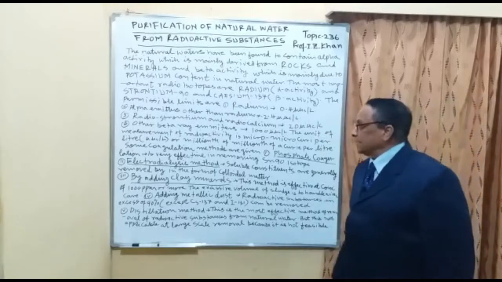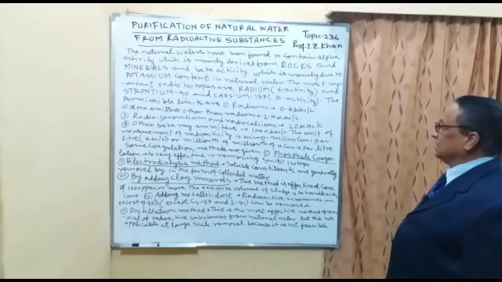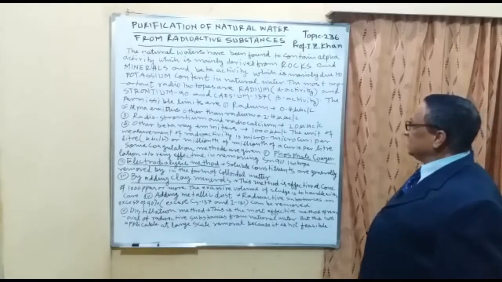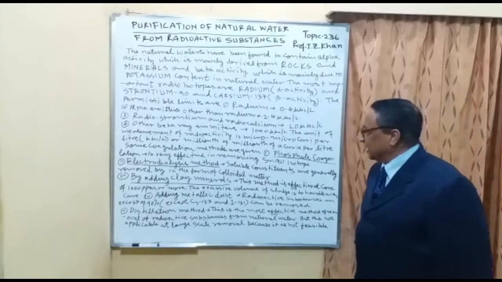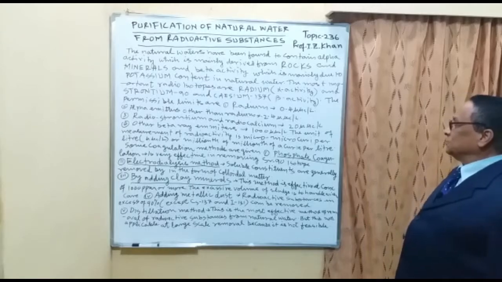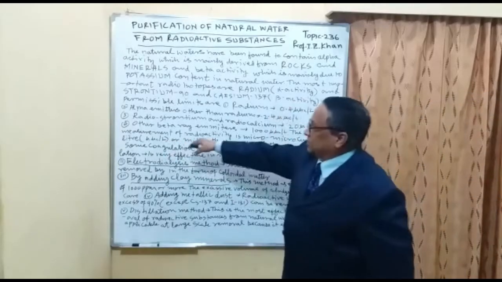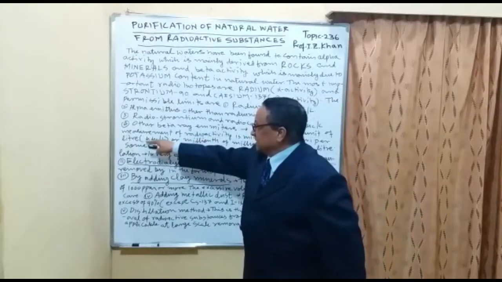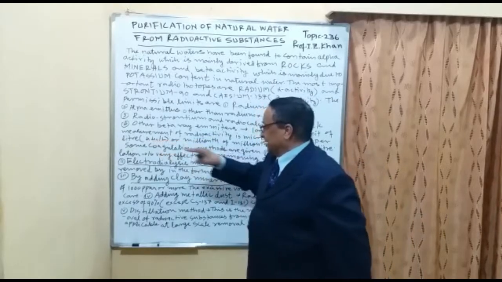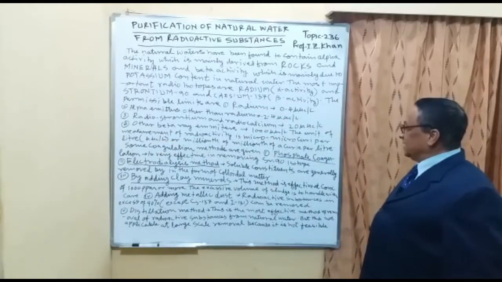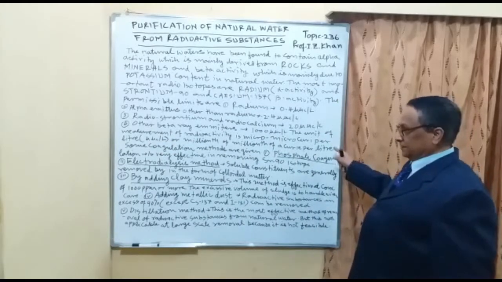And the fourth, other beta emitters, 1000 micro Curie per liter. The unit of measurement of radioactivity is micro Curie per liter, and sometimes it is also given as millionth of a Curie per liter.